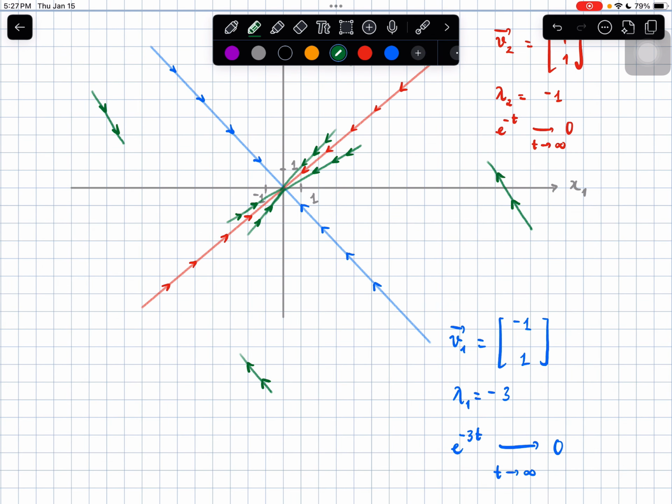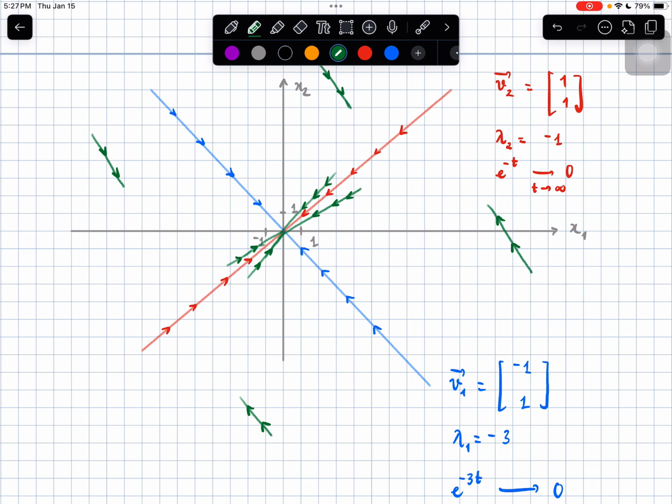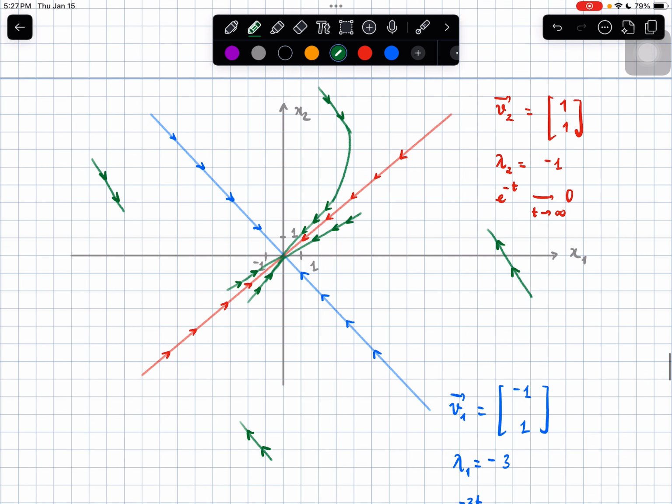And then we just connect them, like this.